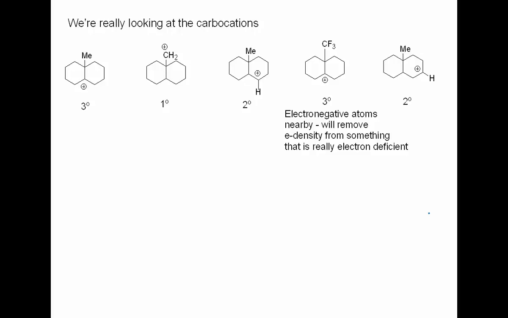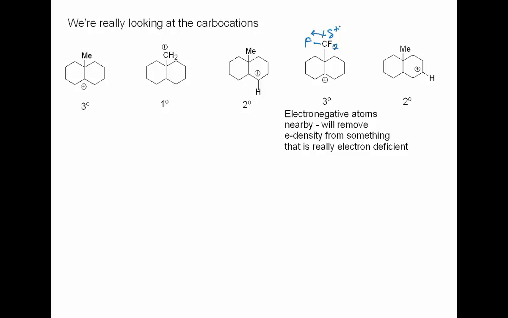We could infer that because fluorine is electronegative, it's pulling electron density away, giving a partial positive charge to that carbon.